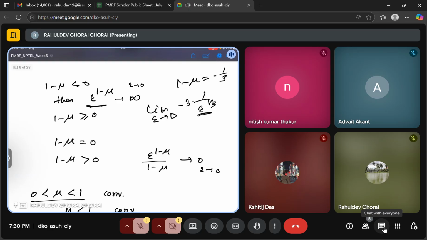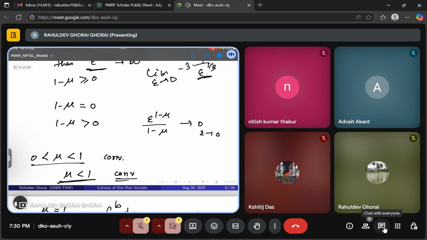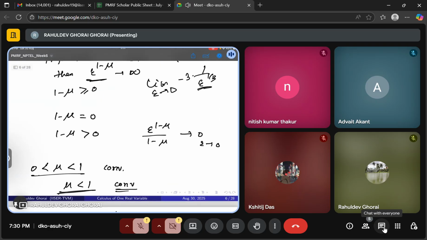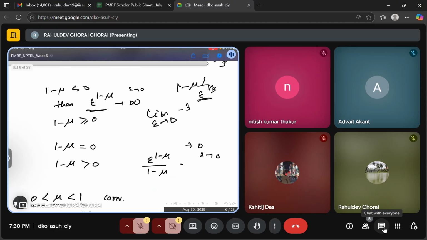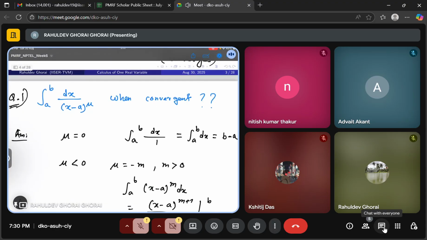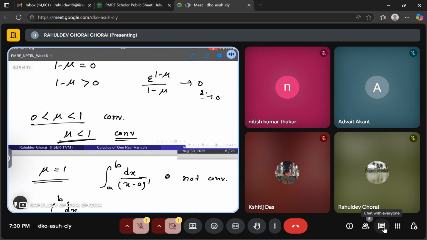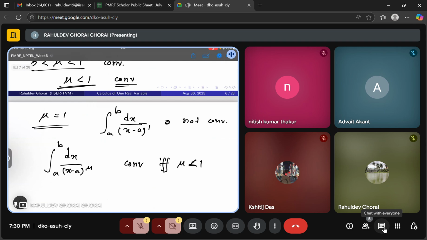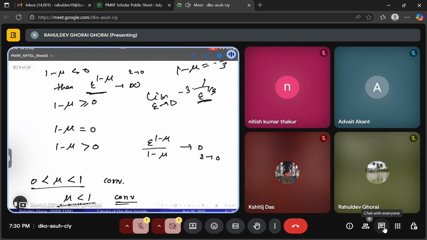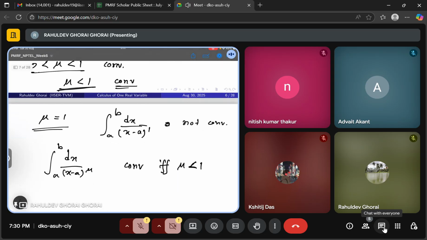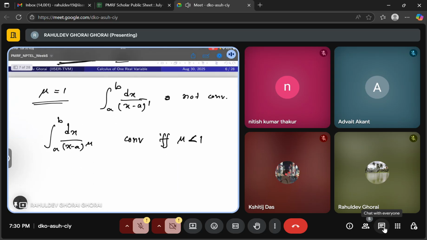And that's why we say when mu is between 0 and 1, this is really convergent. And we have seen also when mu is less than 0 and equal to 0 it converges. So we can say that when mu is strictly less than 1, it is convergent. And we can already see when mu is greater than 1, it is divergent. And what about mu equal to 1?